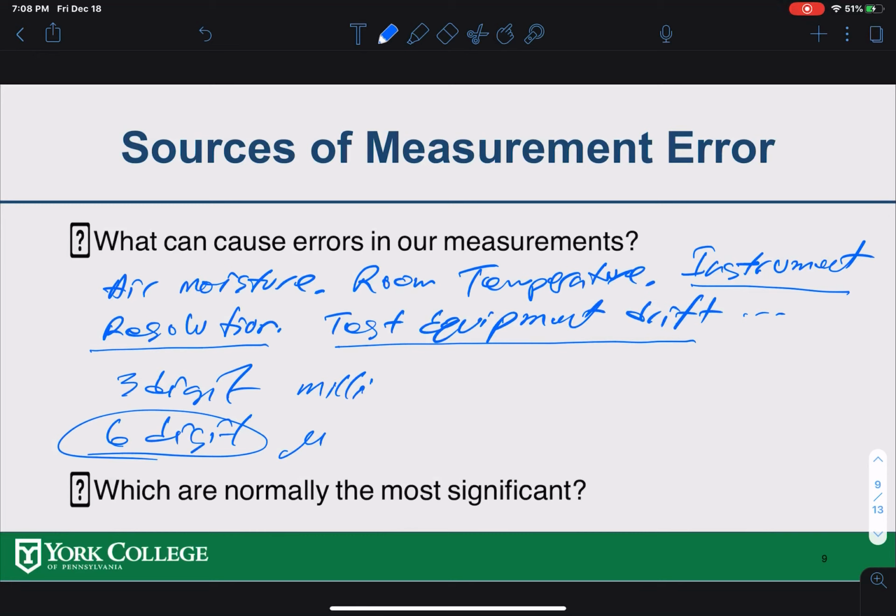So which one is the most significant in your results? That could be the instrument resolutions and the test equipment drift. So these two are the most significant: instrument resolutions and equipment drift.